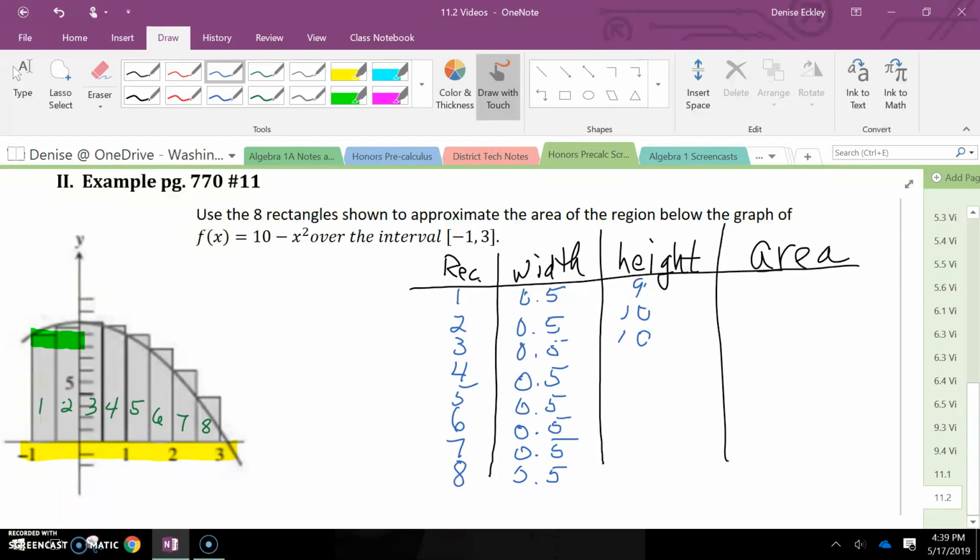The next one is, well actually that one's a little taller. I'm going to call it 10.5. And then we're back at 10. And then at 9. And then at 8. And then at 7. Then 6. And then finally the last one looks like it's about 4 units high.